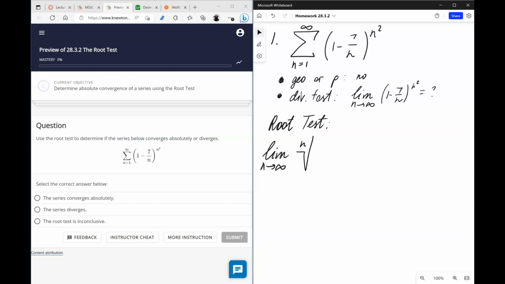We take the nth root of the nth term, and to take the nth root is the same as raising to the power 1 over n. So it's the same as doing this. Now we can simplify this expression further.